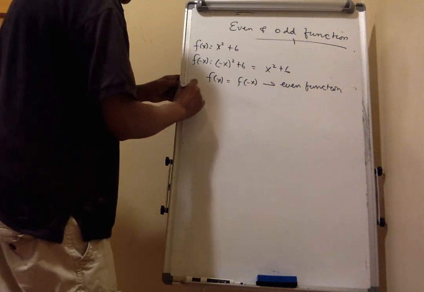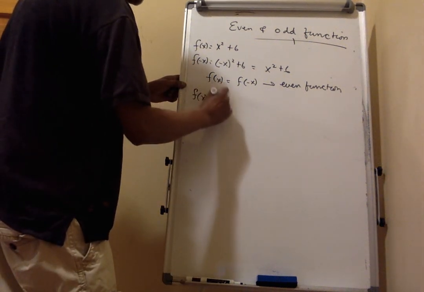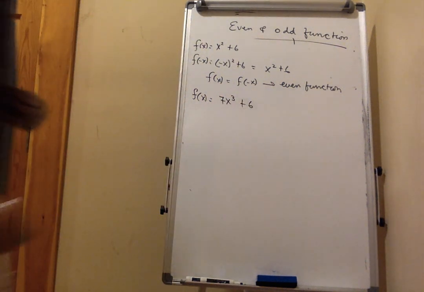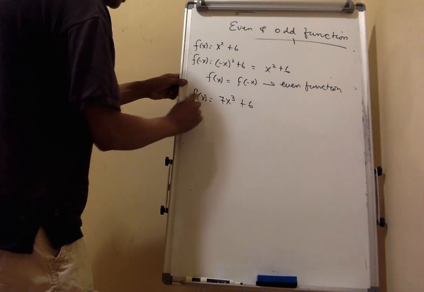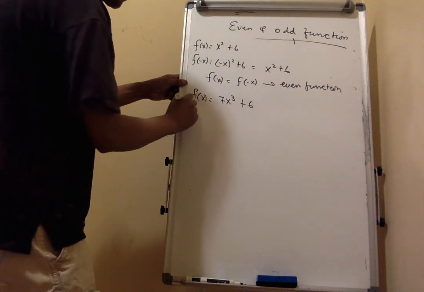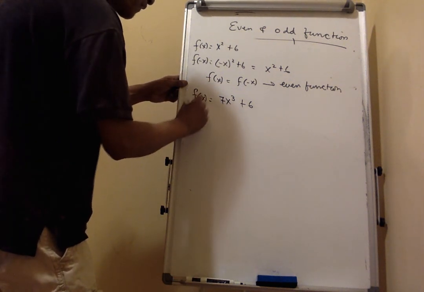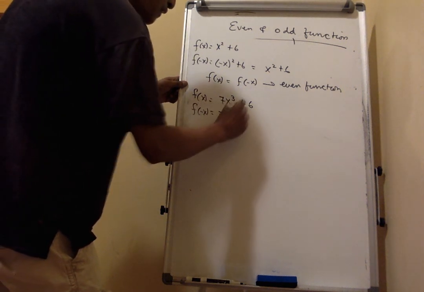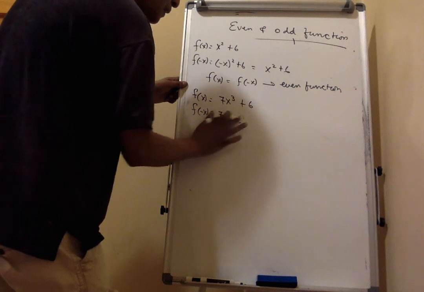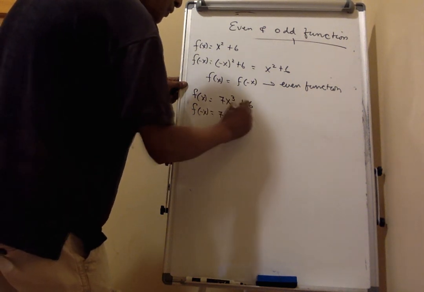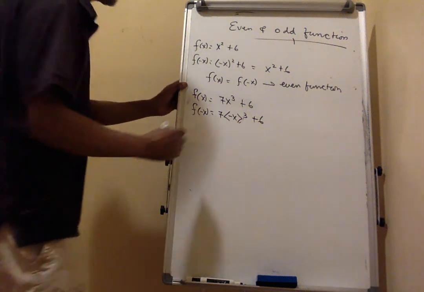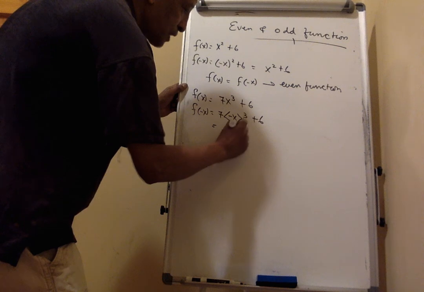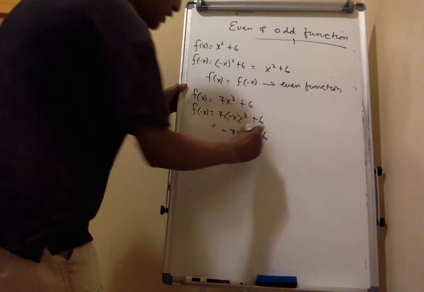Suppose let me do f of x is equal to 7x cubed plus 6. Let me do f of negative x. f of negative x is equal to 7 times negative x cubed plus 6, so you end up with negative 7x cubed plus 6.